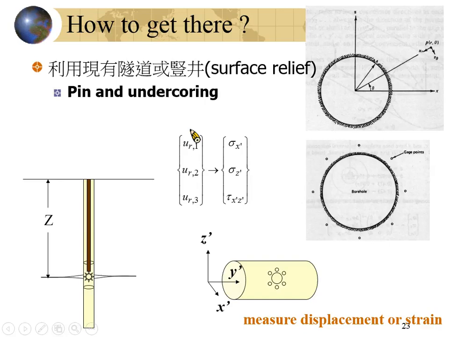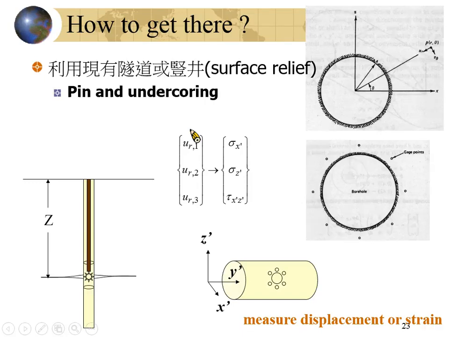Okay, so we could try to use some methods like I mentioned to you. I will try drilling if we have a tunnel or ship edits for the geological survey. And here is the tunnel wall, and here is the place you want to measure the in-situ stress. And you will try to attach a strain gauge like this, and try drilling a borehole surrounding the strain gauge.